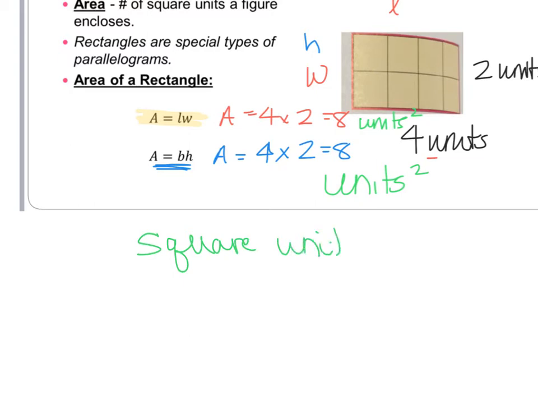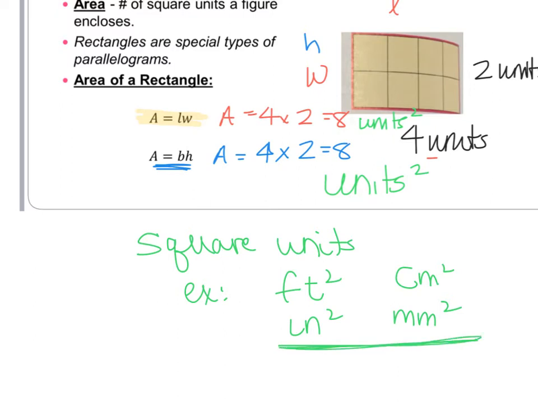And what this would look like, let's just look at a quick example. So if we had feet, it could be feet squared, inches squared, centimeters squared, millimeters squared, whatever the case is. These are examples of units, and anytime you see a unit raised to the second power like that, you should automatically know that that's a unit of area.